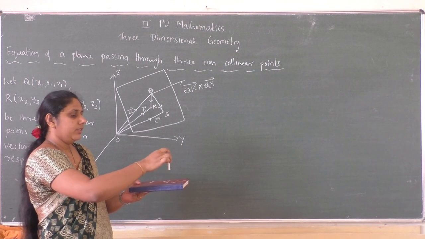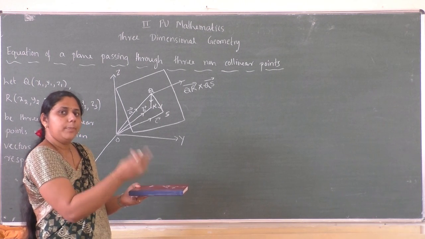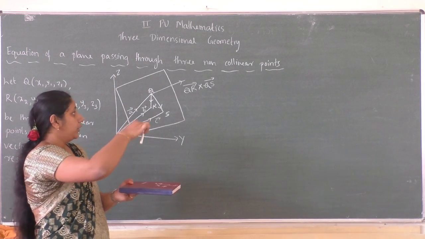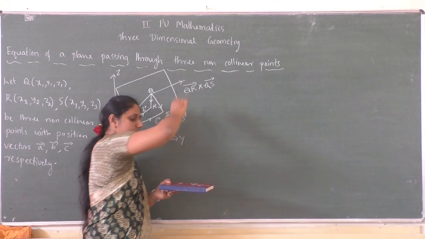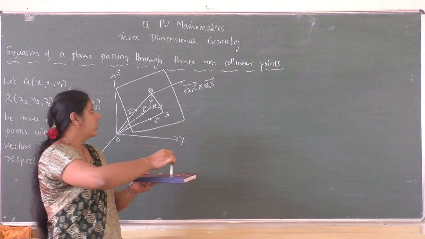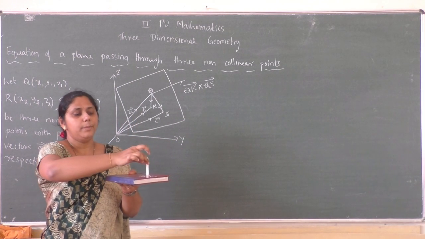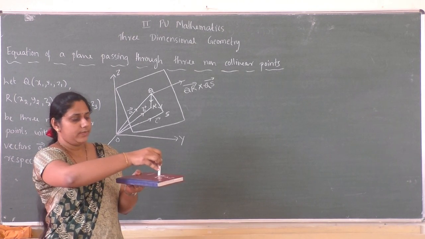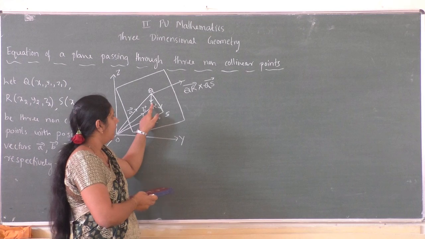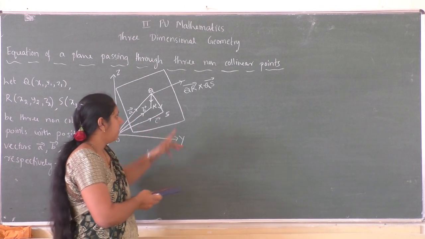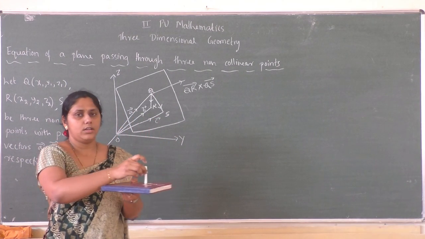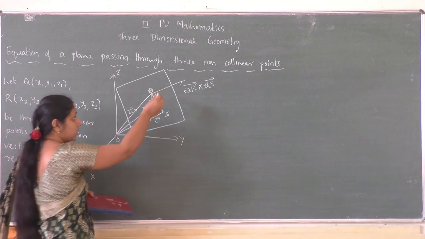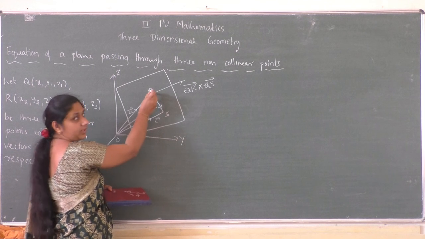We know that the cross product of two vectors will be perpendicular to both. That is, suppose this is the cross product of QR vector and QS vector. QR vector cross QS vector will be perpendicular to both QR vector and QS vector. Since QR vector and QS vector lie on the same plane, the vector QR cross QS will be perpendicular to the plane. So actually this vector looks like this, right?